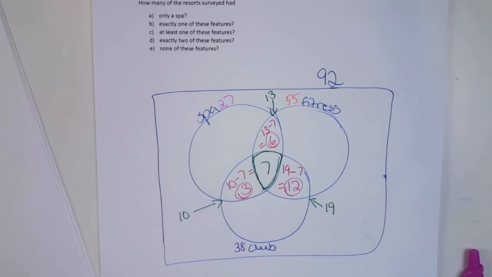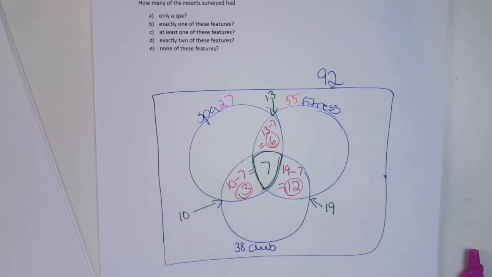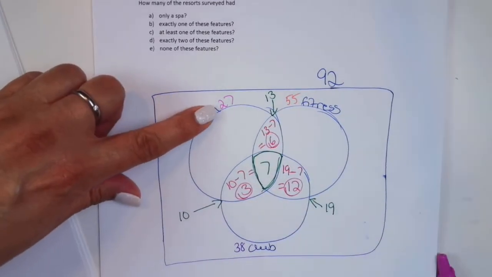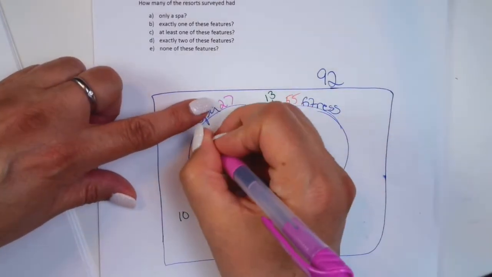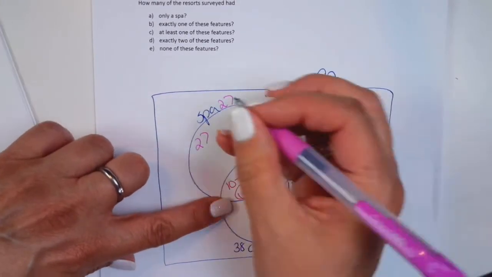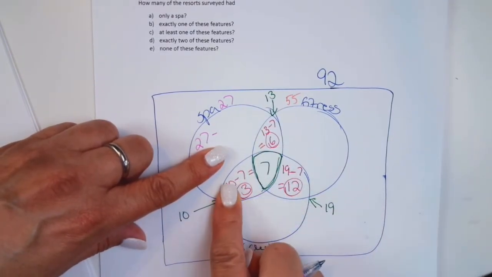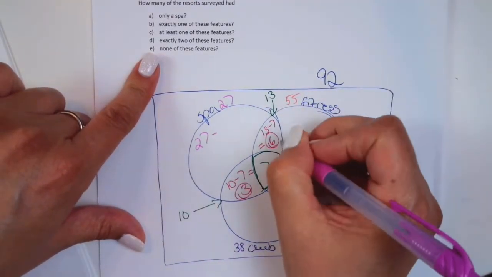So now we can start calculating these parts here. We know that the spa has 27, or there are 27 that have the spa, I should say. We're going to subtract all of these because, again, we don't want to count them twice. These belong to the spa circle.